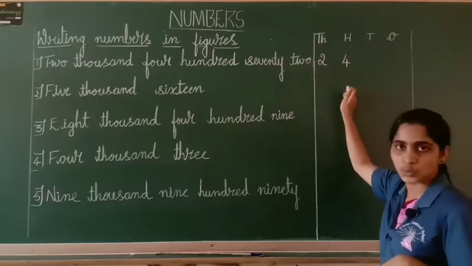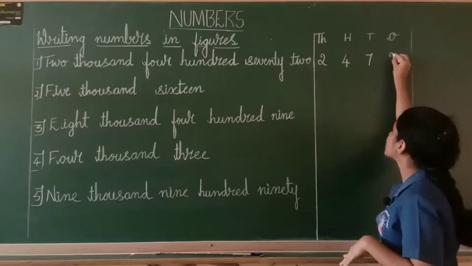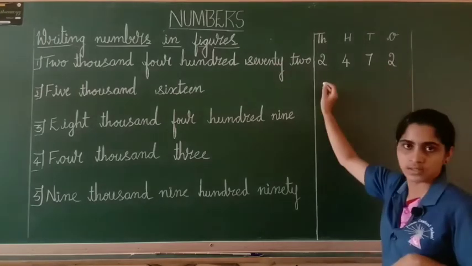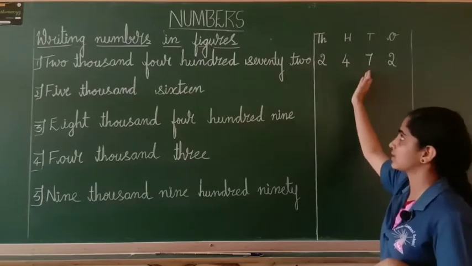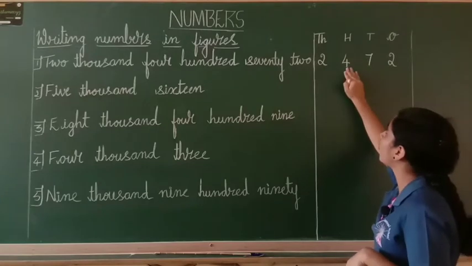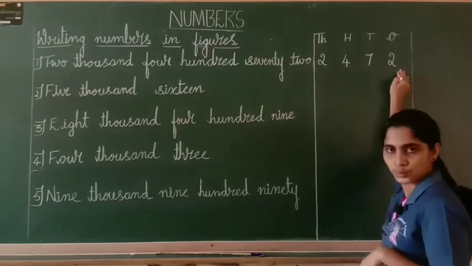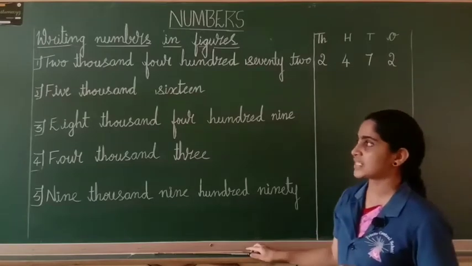Now 72. That means 7 tens and 2 ones. So this is how we are writing the numbers in figures. When we read this, it will be 2472. It's clear? Okay. Let's move to the next example.